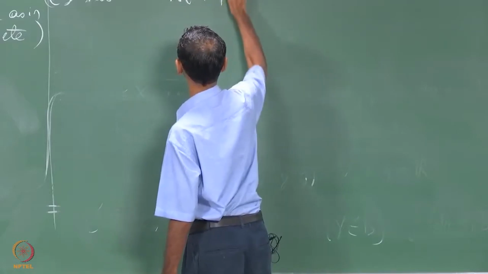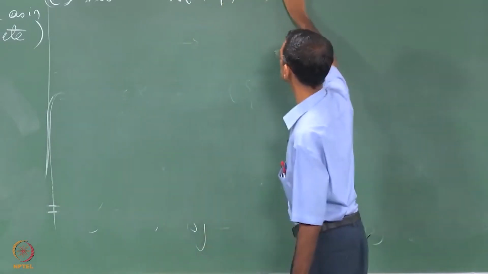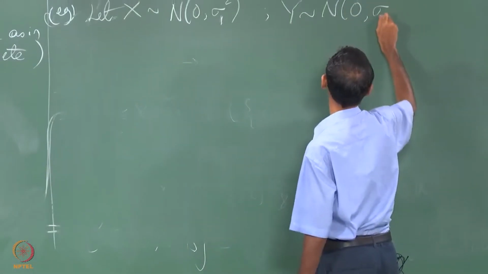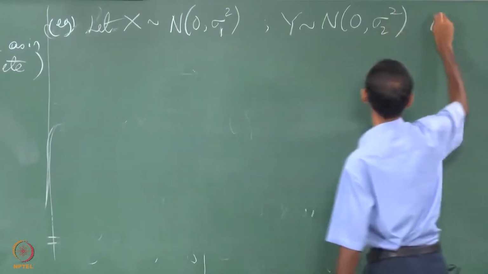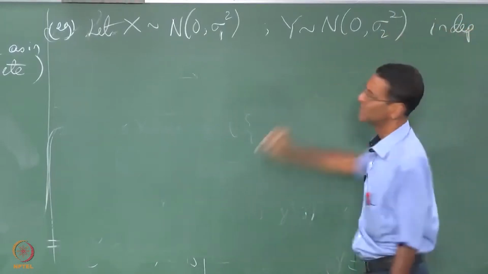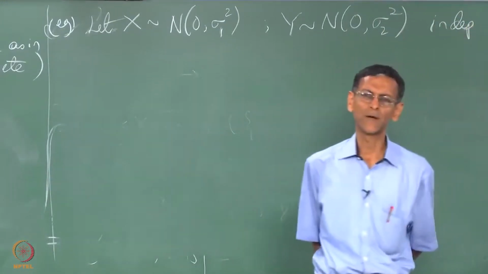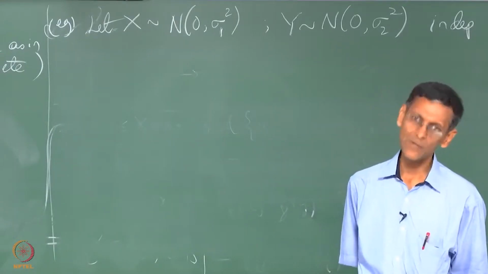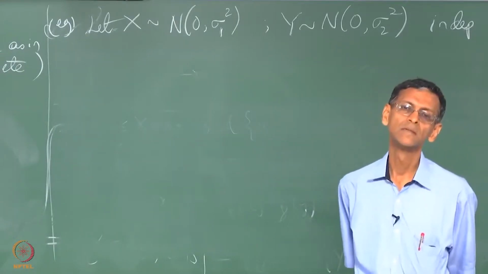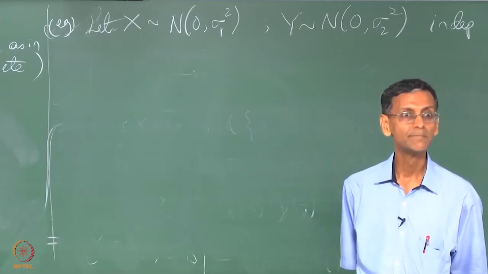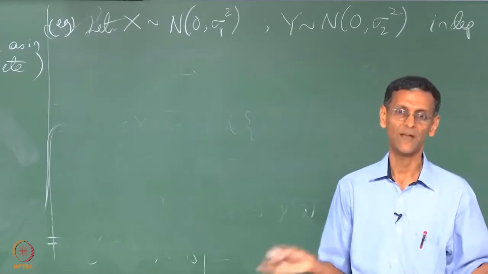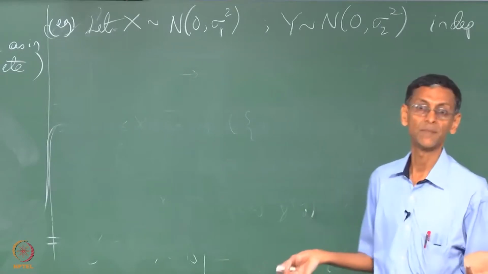I need to have different variances, so I will put 1 and 2. Y is another Gaussian with variance sigma 2 squared, independent. Now I cannot call them IID because I am not saying that sigma 1 is equal to sigma 2, so obviously they are not in general IID. If sigma 1 equals sigma 2, then they become IID. Remember, IID is not only independent, also identically distributed, meaning I have to have the same PDF or PMF.